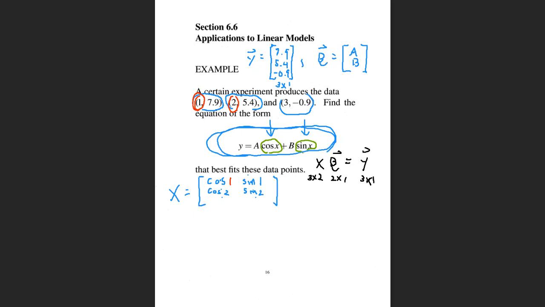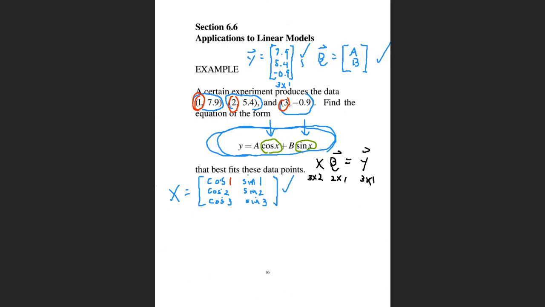And the last X value is 3. So you'd have cosine 3 and sine of 3. Okay, so once you have your observation vector, your parameter vector, and your design matrix X, you're good to go.